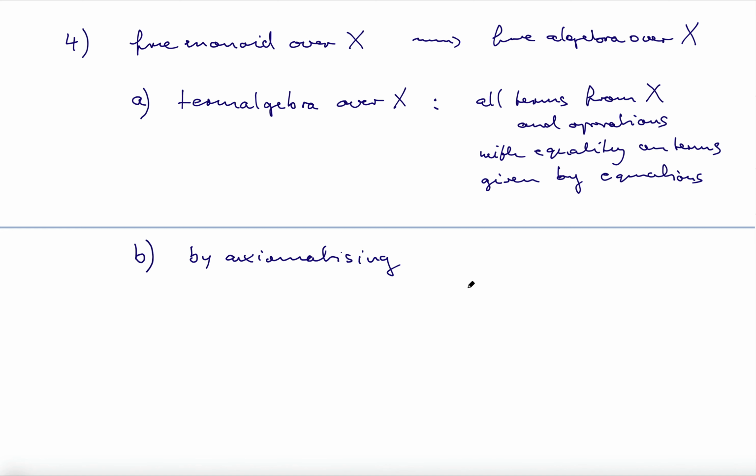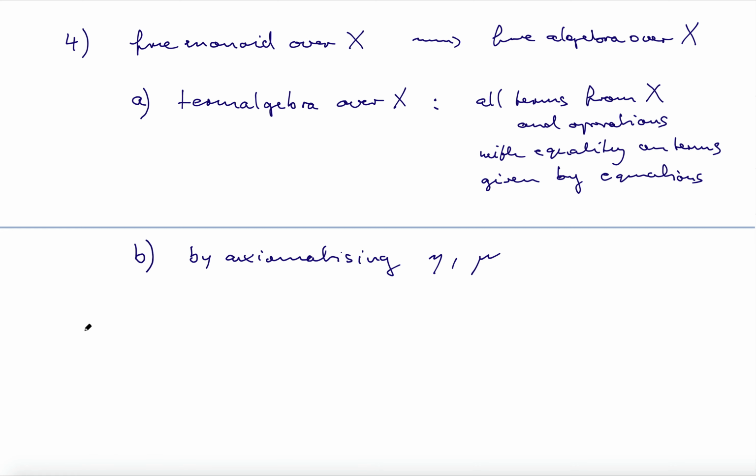So what I'm saying is that a free algebra axiomatically is a mathematical structure that has eta and mu satisfying certain equations. So this is the other idea, axiomatizing the properties of eta and mu.